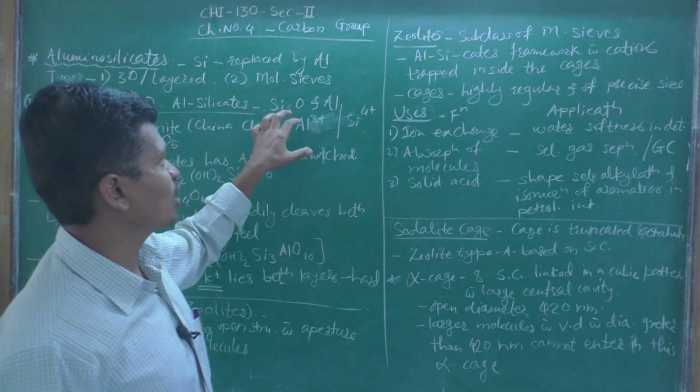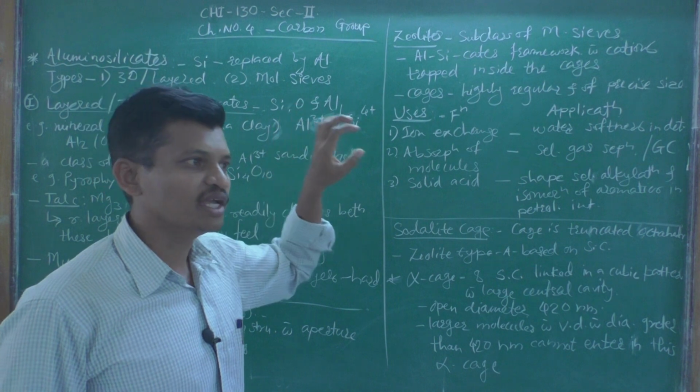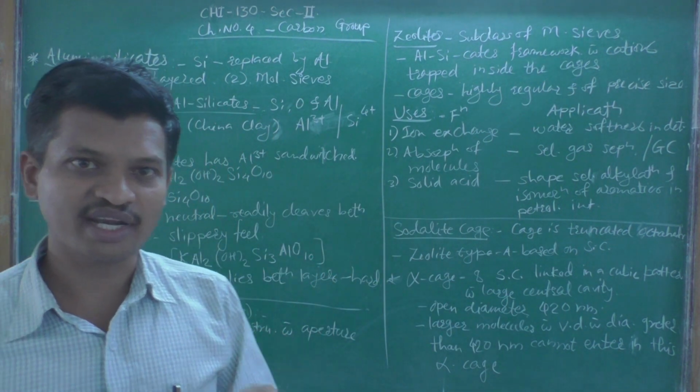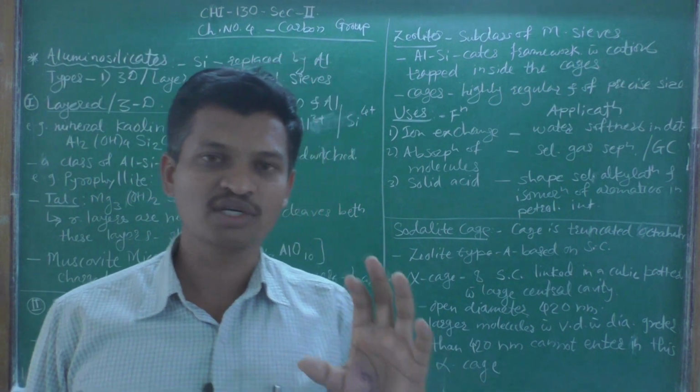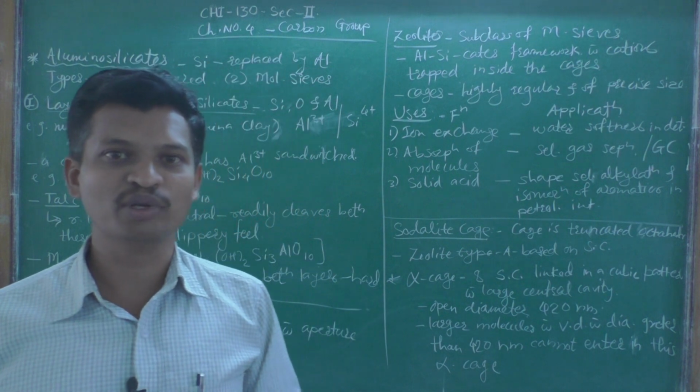When we replace one of the silicon atoms by one aluminum atom, it renders an overall one negative charge to that silicate, which is known as aluminosilicate.